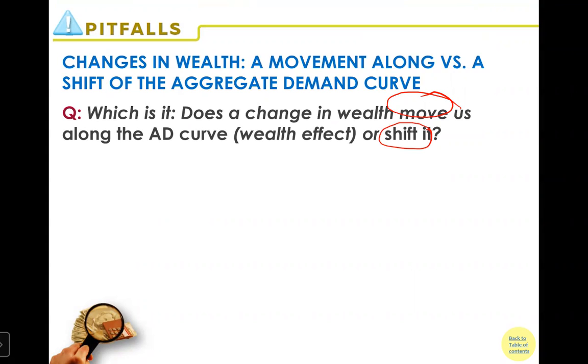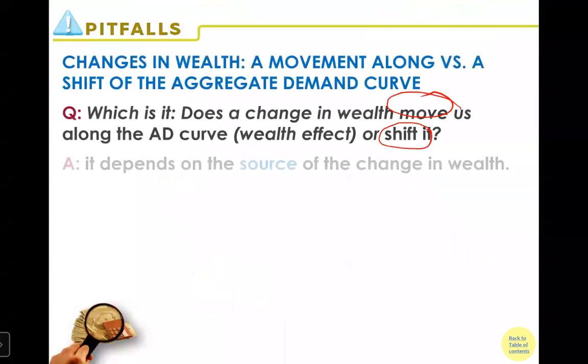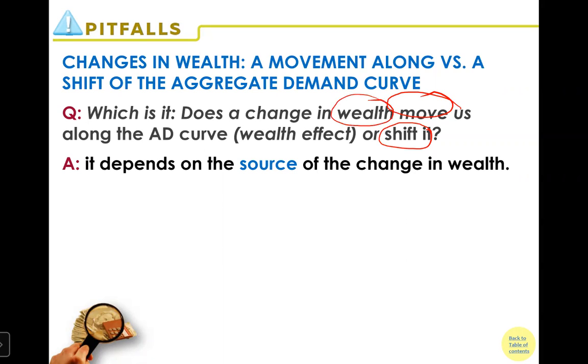At some point it's very difficult to disentangle. Sometimes you see a change in wealth, but this change in wealth can cause you to move along the curve or to shift, depending on the source of the change in wealth.